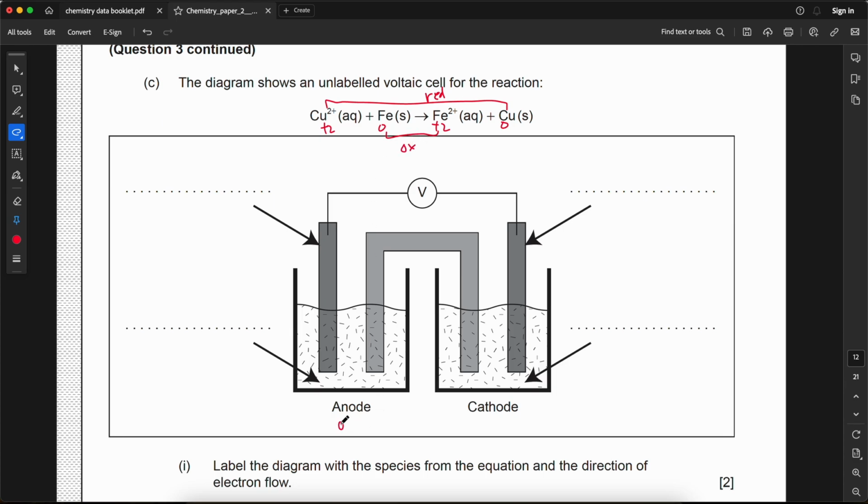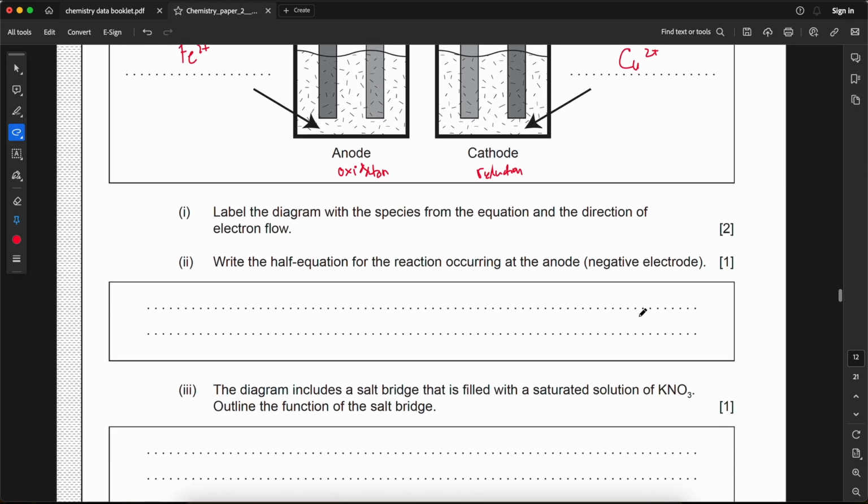So anode is oxidation, cathode is reduction. Okay, so for oxidation, that would be the Fe electrode, and this would be Fe2+ because it loses electrons. And for this, obviously Cu, and then this one also Cu2+.